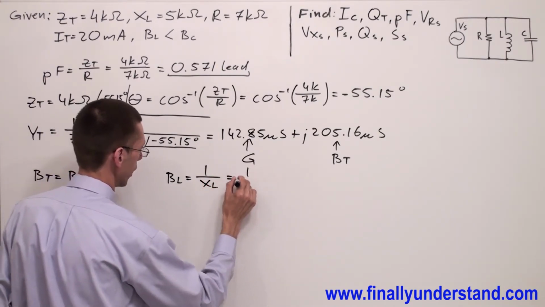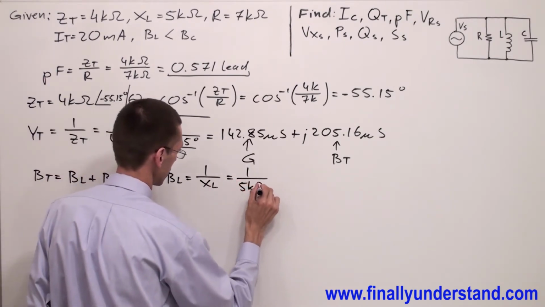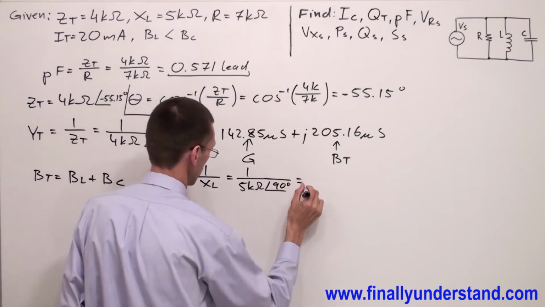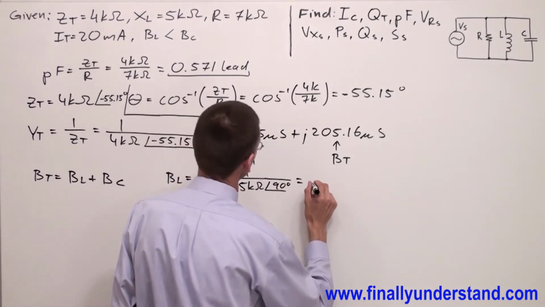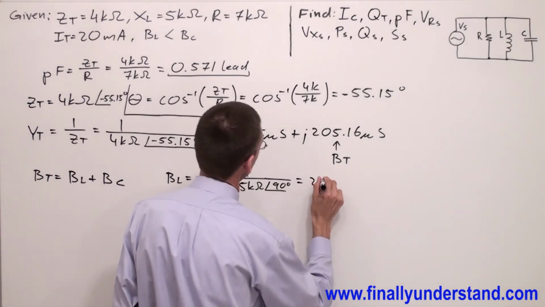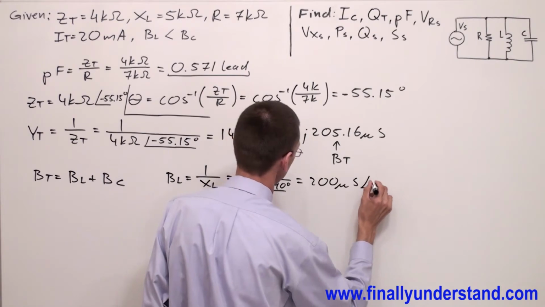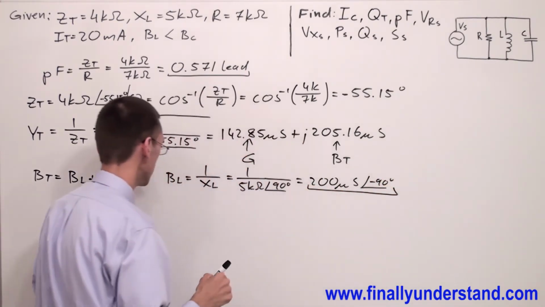This is equal to 1 divided by XL, which is 5 kiloohms and angle of 90 degrees. This is equal, BL is 200 microsiemens and angle of negative 90 degrees. Okay, this is my BL.